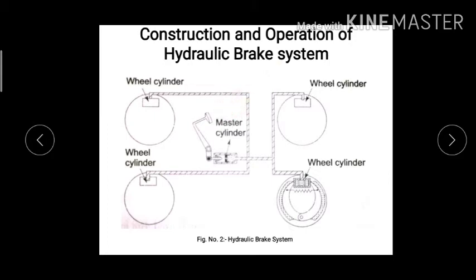Whenever the pedal is pressed, it creates a force on this piston plunger, and that creates a force on the liquid present here. When we press the pedal, it pushes this, and because of that the oil pushes outwards.